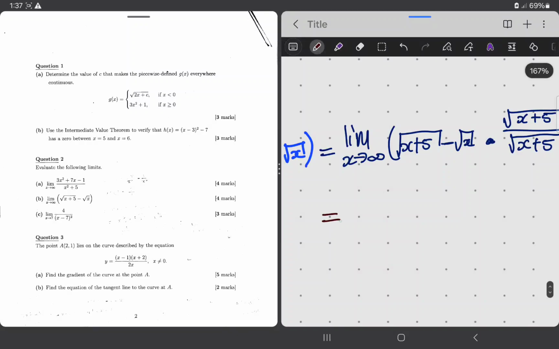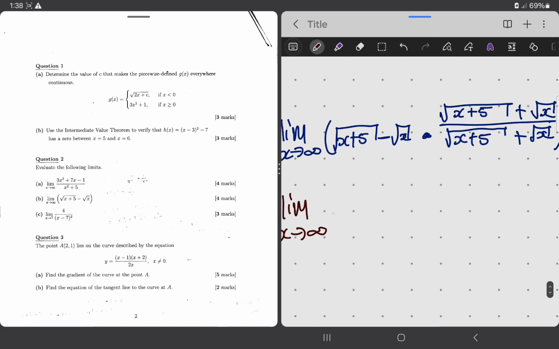So then what happens when it's like this? Well, this is now going to be equal to the limit as x approaches infinity of, now what do we have here? Well, we start with this thing. It's a whole number. So where is it going to multiply? Only the top. And if it multiplies the top, it's going to be 2 conjugates multiplying, right? Now, what is the shortcut for 2 conjugates multiplying?